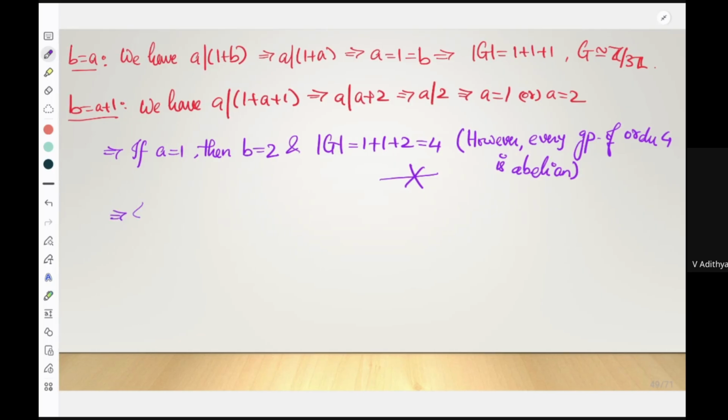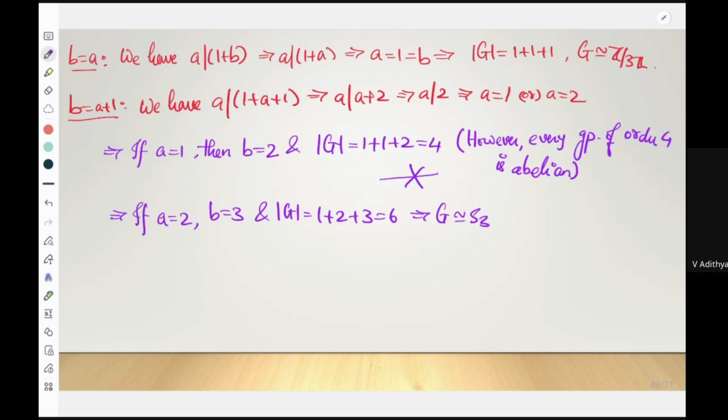Now the other case, if A equals 2, B equals 3, and order of G is basically 1 plus 2 plus 3, which is 6. So is there a group of order 6 which admits this class equation 1 plus 2 plus 3? S3. Because if a group is of order 6, then it's either Z6 or S3.